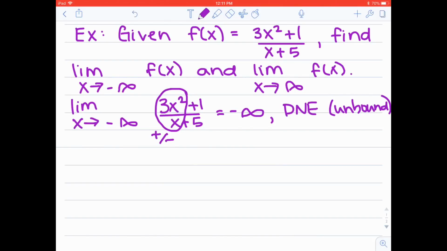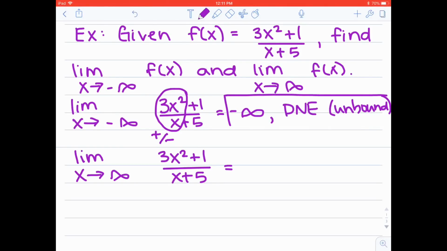Alright, and then we'll go ahead and do the positive version. The limit as x approaches positive infinity of 3x squared plus 1 over x plus 5, and again, I guess I could have boxed that. Easier to see. Okay, so again, we're going to do the same thing.